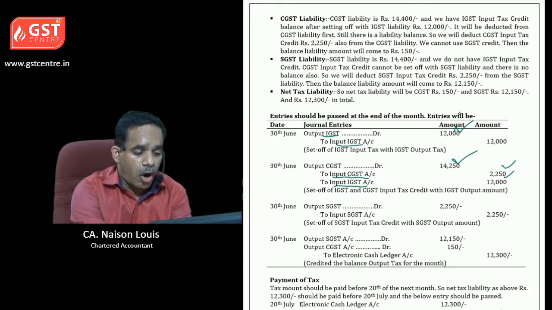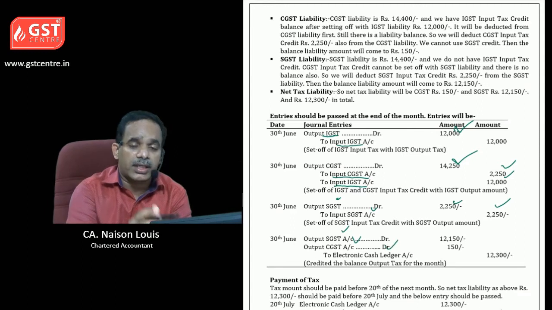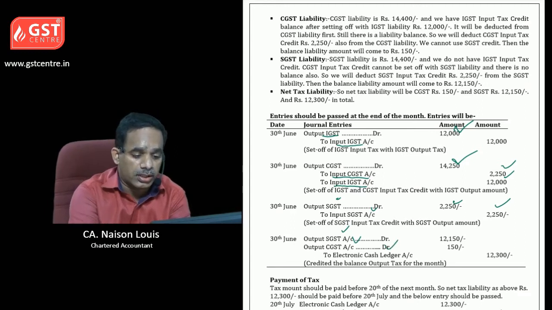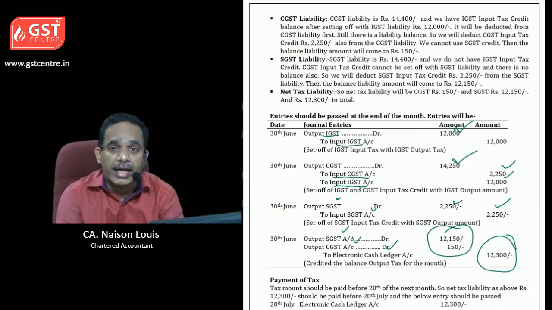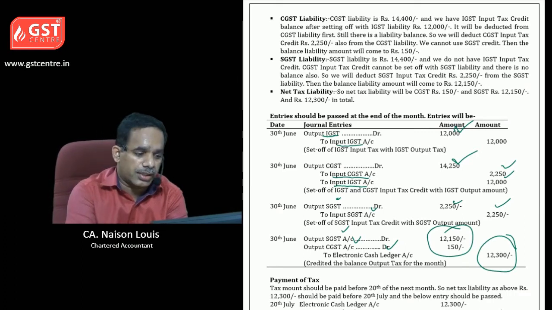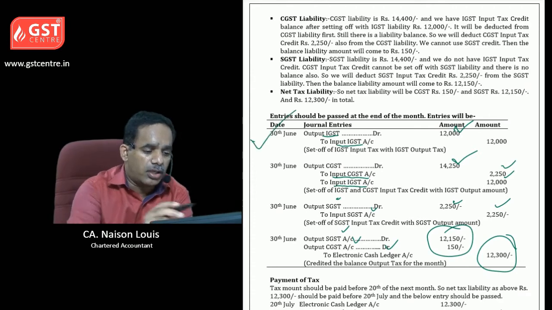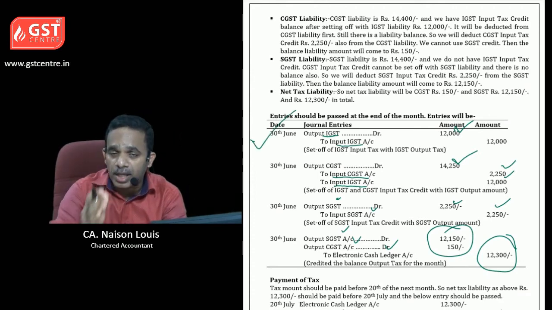Then output SGST has been set off with the input SGST credit 2250, and output SGST and output CGST should be carried forward. The balance 12,150 and 150 should be carried forward to the electronic cash ledger account, and all these entries should be passed on 30th June at the month end.